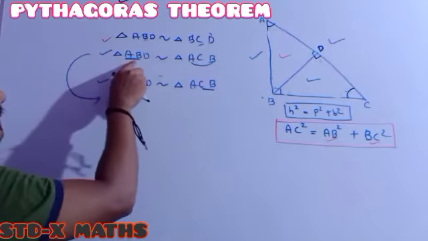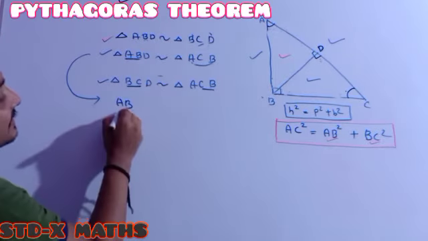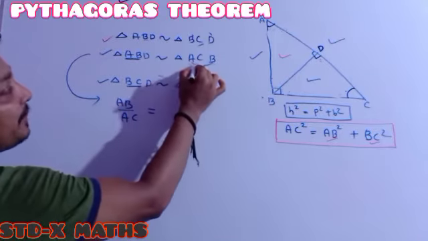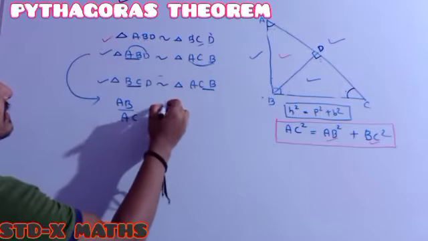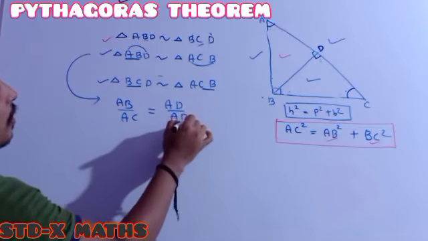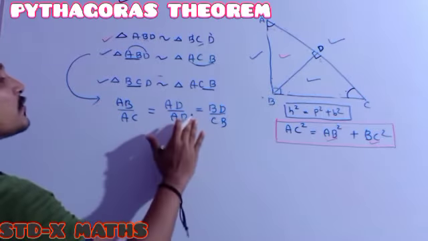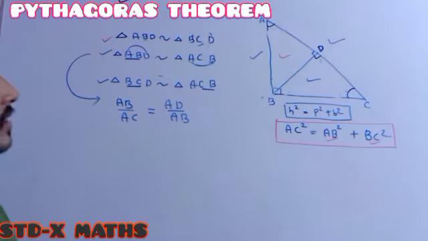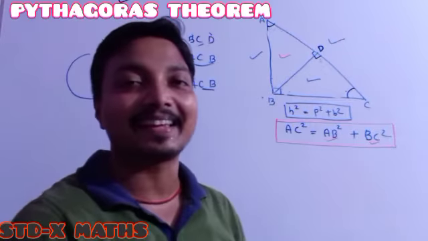So for AB, I take the first and second sides: AB divided by AC is equal to, on the right side for AB, the first and third, AD divided by AB. One can also write it as BD by CB, but this is not required by us. It will not be useful for us, so we will not consider that case.